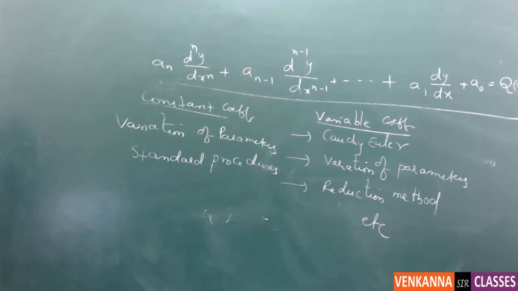For constant coefficients, meaning the coefficients are purely numbers, we use the methods variation of parameters and standard procedures. For variable coefficients, we have the techniques Cauchy-Euler equation, variation of parameters, reduction method, etc.